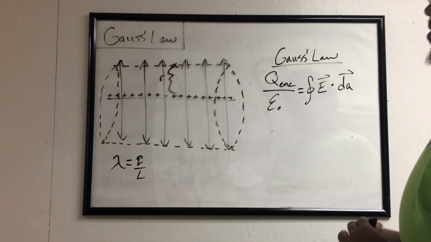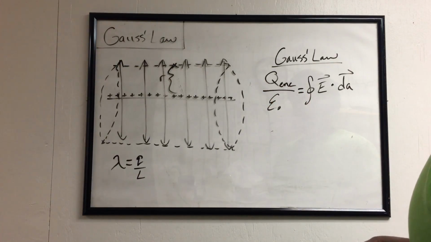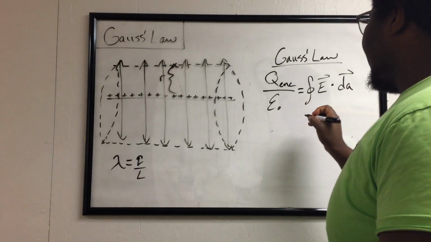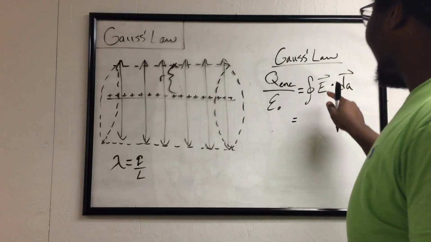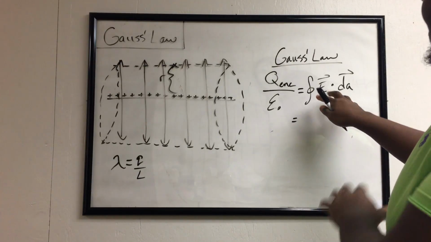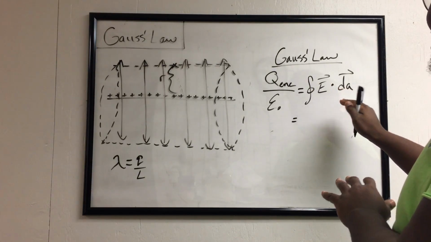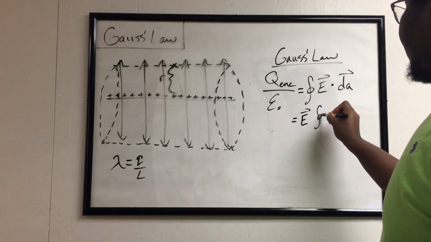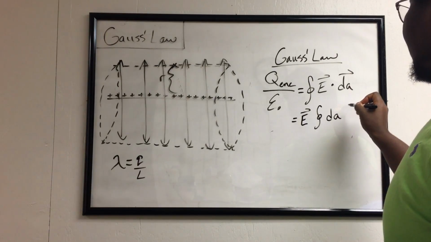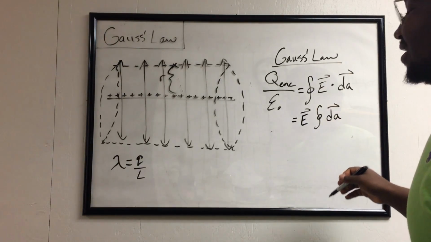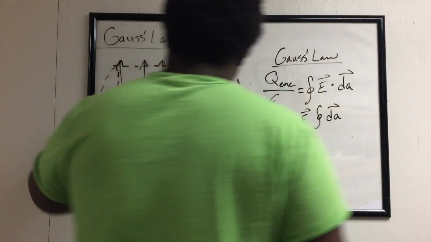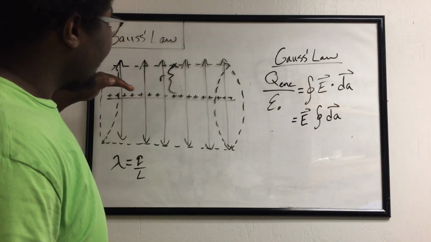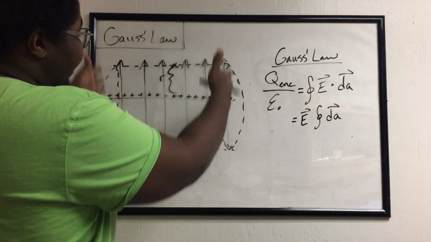So to find the electric field, first we're going to be working with this equation, and we're going to be working with the right side, so we can take E out of the integral, and it's going to be E times the integral of dA. As I was saying before, r is the radius of this, and we're not worried about these two lids on the cylinder.